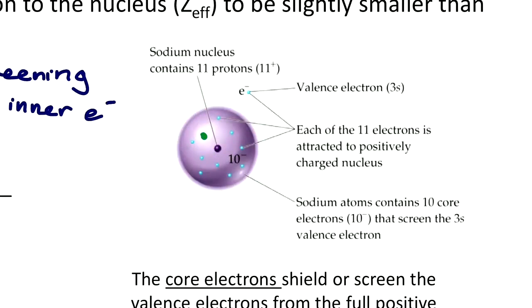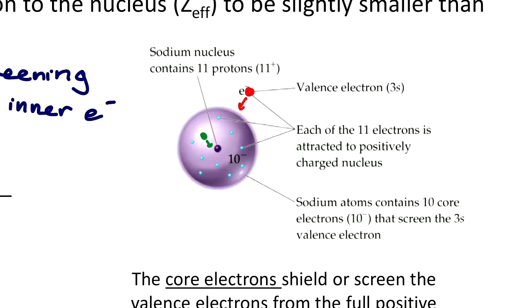If we're an electron that's really close to the nucleus, we're going to be really highly attracted to it. That electron has a high effective nuclear charge because it feels a very high positive charge from the nucleus. Versus an electron that's far away from the nucleus, which feels a weaker attraction because it's further away and there's a bunch of other electrons blocking the full positive charge of that nucleus.